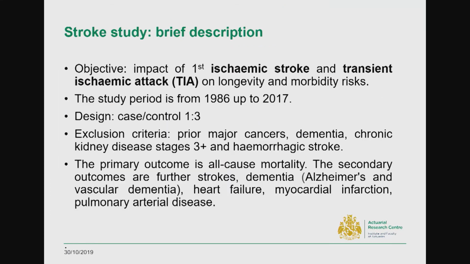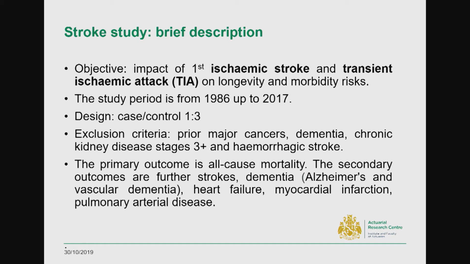All right, a brief description of my study. I'm studying the impact of first ischemic stroke and first TIA on longevity and morbidity risk. My study spans from 1986 to 2017.